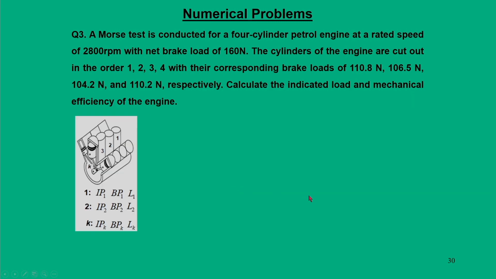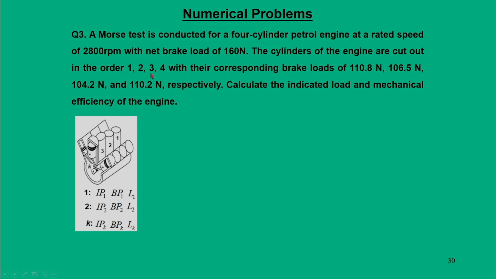And the last problem is on Morse test. This particular derivation I have already indicated in the lecture class. Here I just want to emphasize that the engine is a 4-cylinder engine, 1, 2, 3, 4. For each cylinder the brake load is measured as 110.8, 106.5, 104.2 and 110.2 Newton. What does this mean?